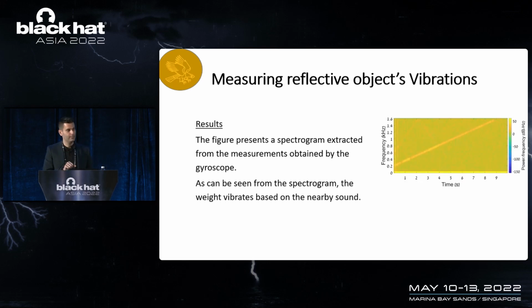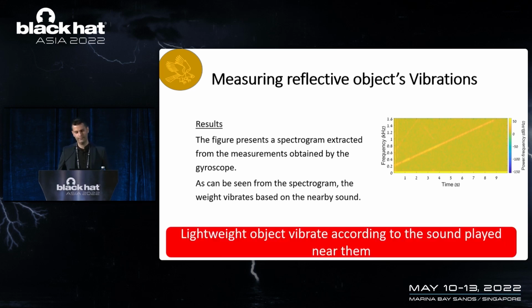And here you can see a spectrogram that was extracted from the measurements of the gyroscope. Probably it's easier for you to see the frequency scan and locate it inside this spectrum. And this actually proves that lightweight objects vibrate according to the sound played near them.